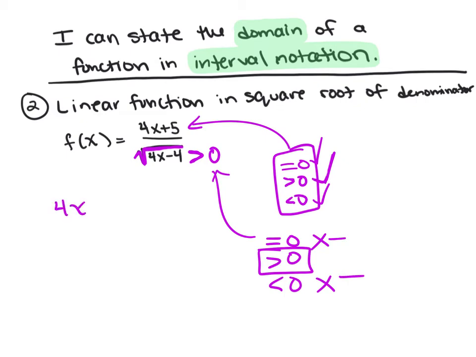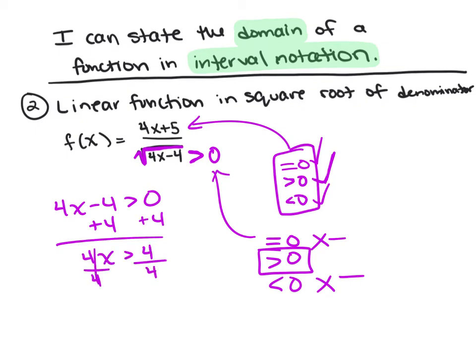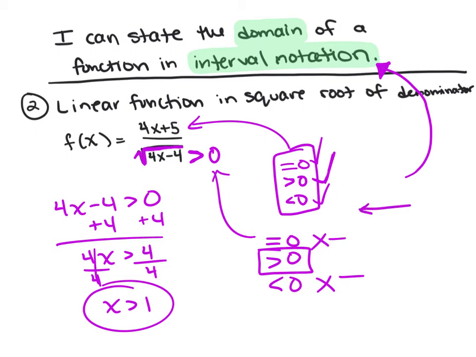So we have 4x minus 4 is going to be greater than 0. Just get x by itself, and I will get x to be greater than 1. Now again, we want to write this in interval notation. If we were to put this x greater than 1 on a number line, maybe here's 0, 1, 2.